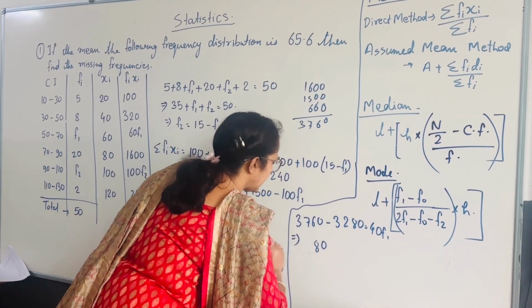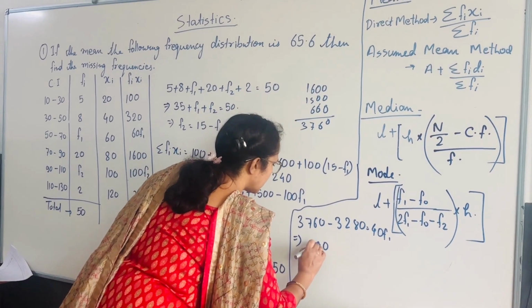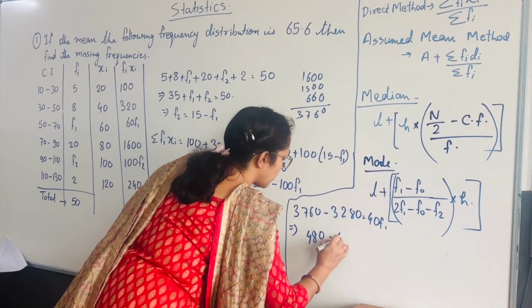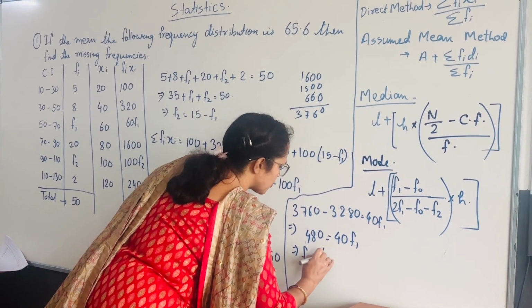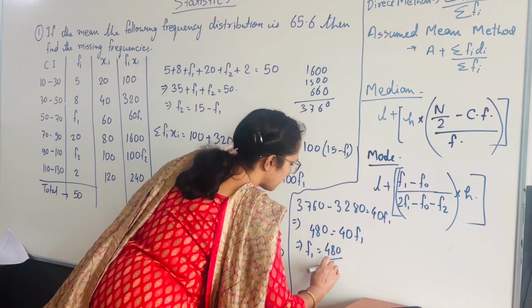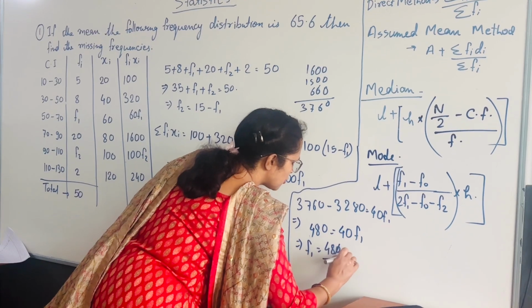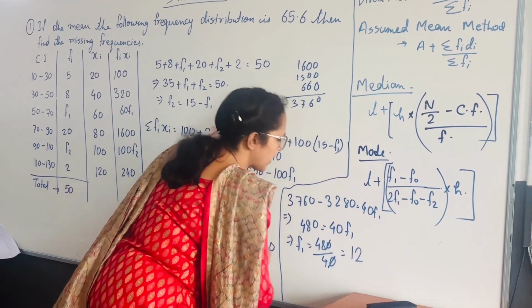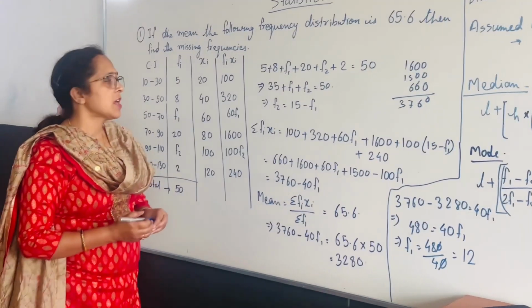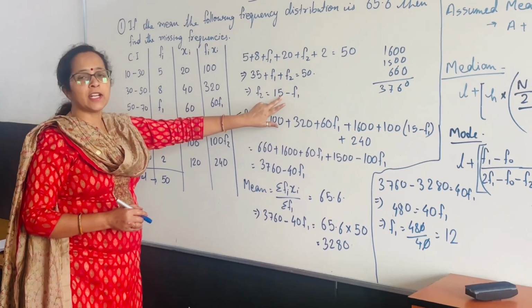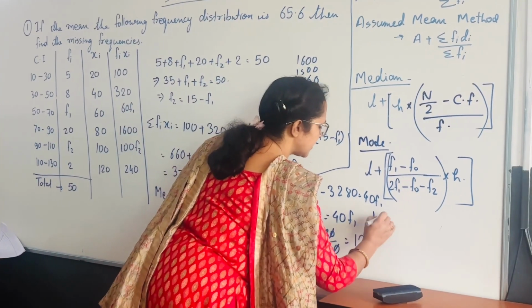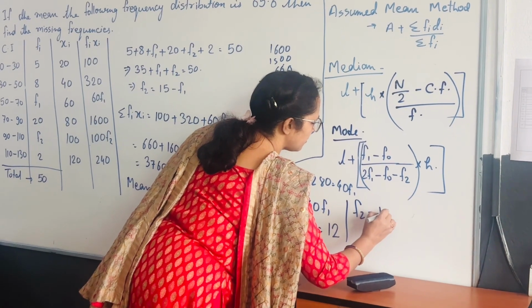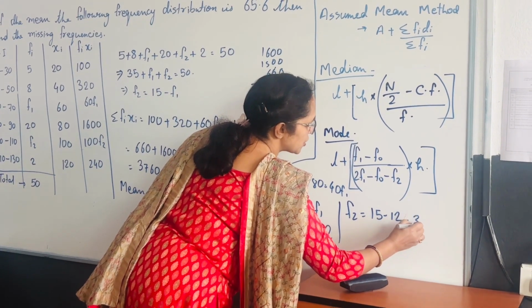So 480 is equal to 40 f1. Therefore, f1 is equal to 480 by 40. So your answer is 12. So F1 is 12. By using this, you can find out the value of F2. So F2 is 15 minus 12, that is equal to 3.